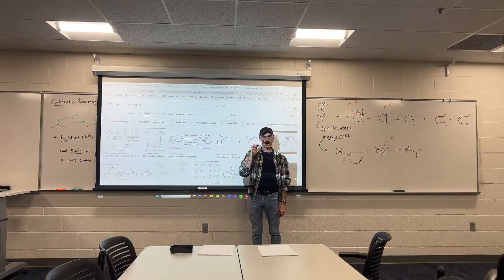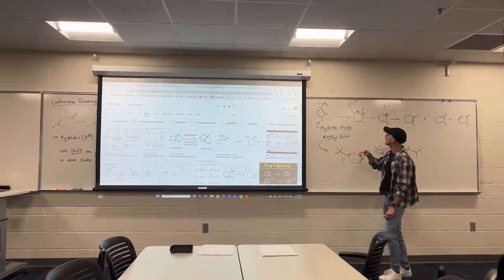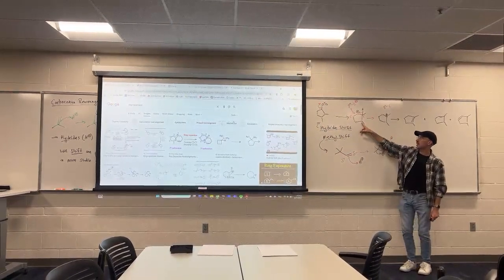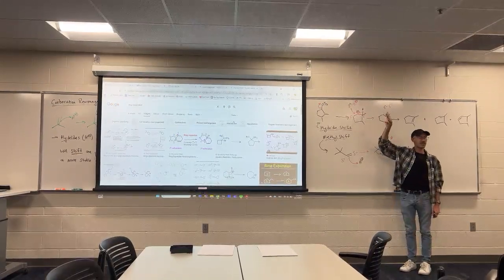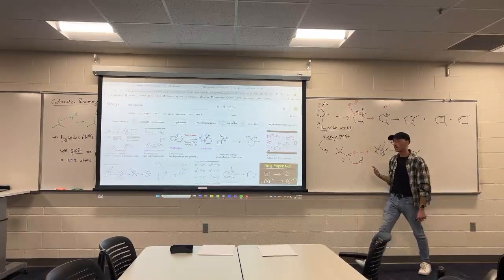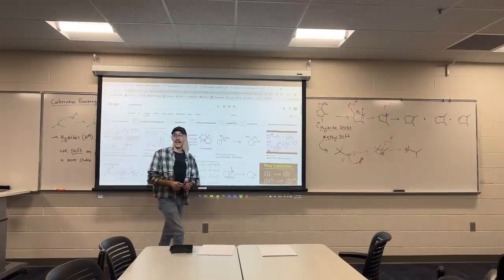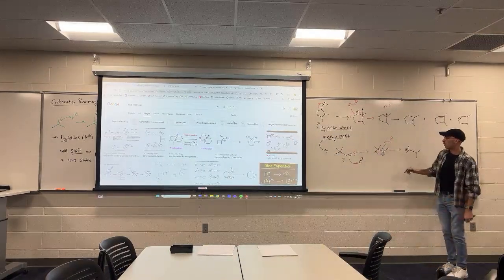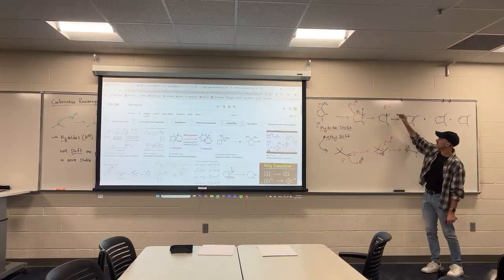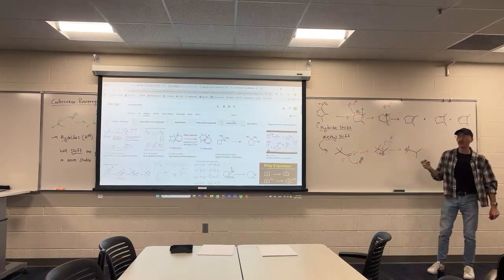So two things I want to point out. Some students will say something like, let's take this hydrogen and shift it all the way across. It has to be a shift on an adjacent carbon. Another very common error that I see: students trying to show the carbocation is rearranging will show something to this effect. They'll show the positive charge moving to a different carbon.